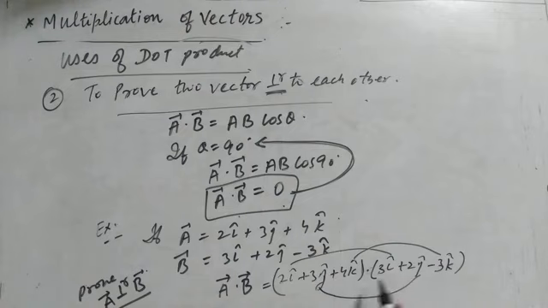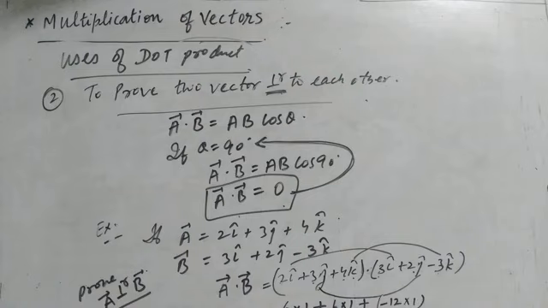So we will find out 2 into 3 becomes 6, i dot i becomes 1, plus 3 into 2 becomes 6, j dot j becomes 1, plus 4 into minus 3 becomes minus 12, k dot k becomes 1.